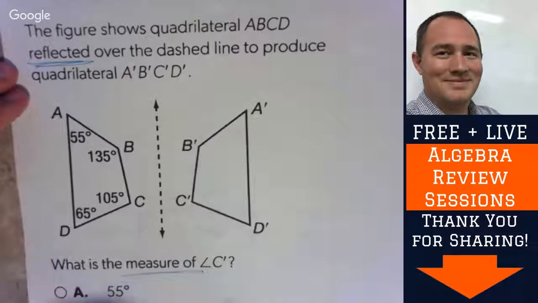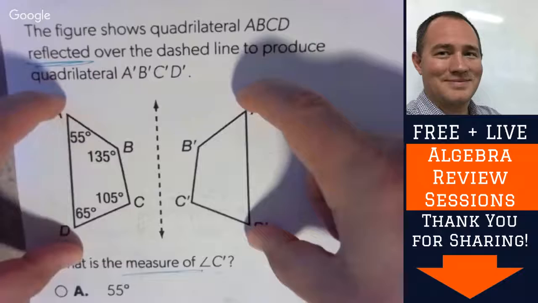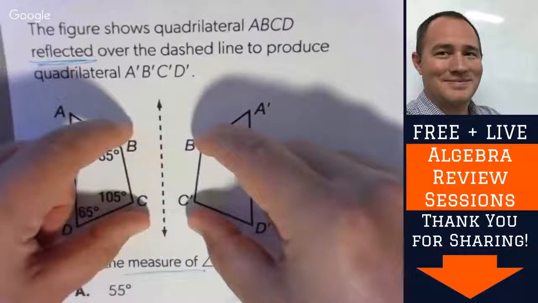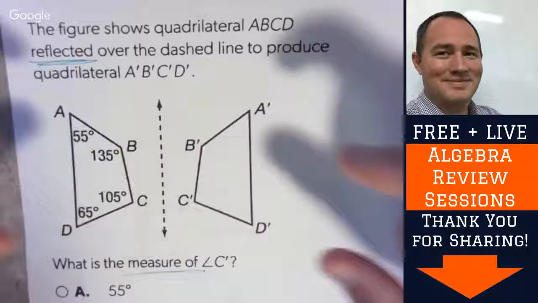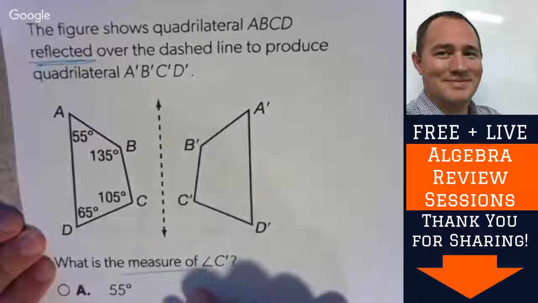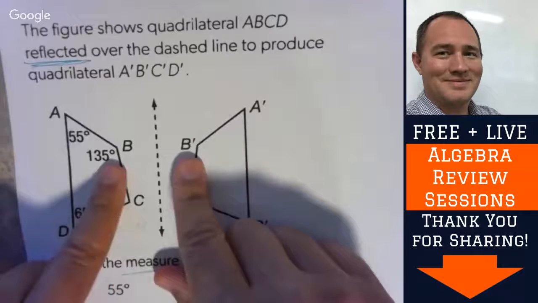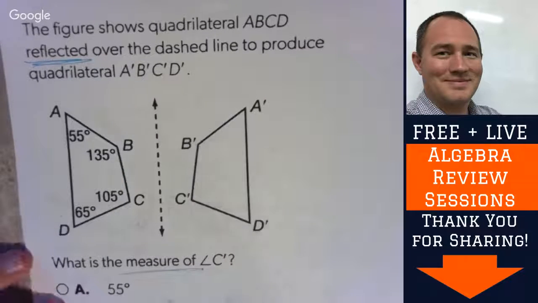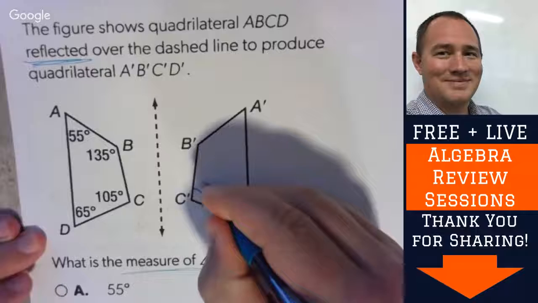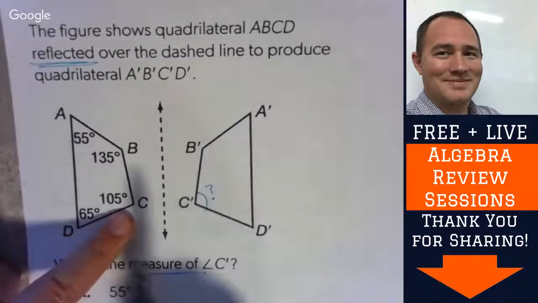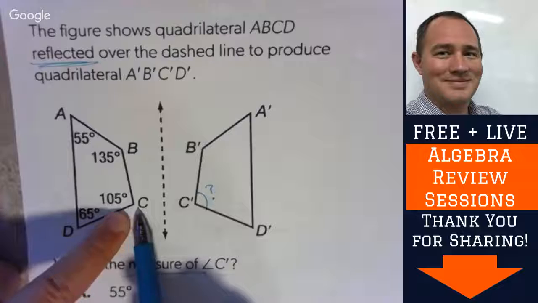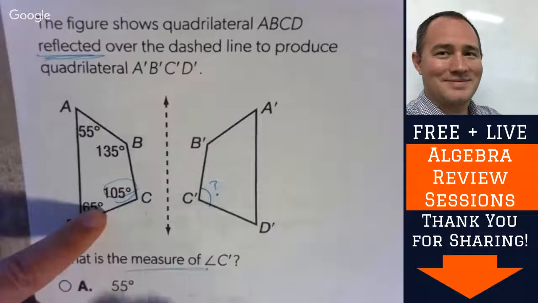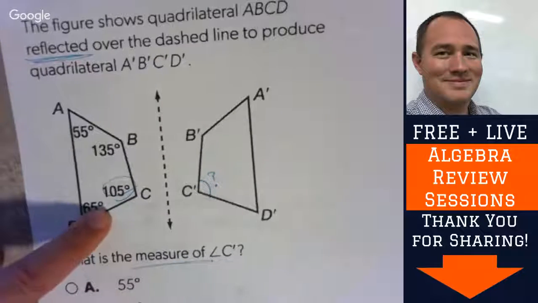What that means is this distance is going to be the same measure. Between here and here is the same measure. Both BC and B'C' are the same measure. And all of the angles are also congruent. So angle C is congruent to angle C'. Angle B is congruent to angle B'. So if it's asking what this angle is, we simply have to look at what the angle was for C, and it would be the same measure. Happens to be option C as well on the multiple choice.